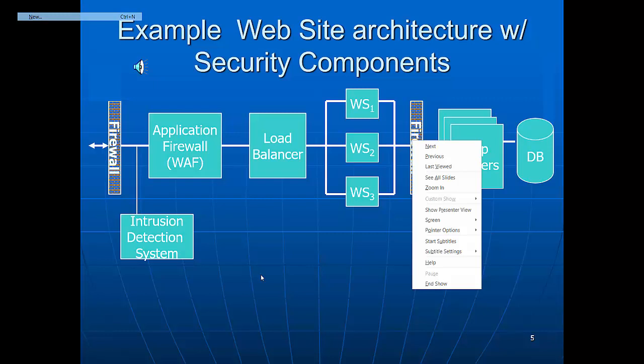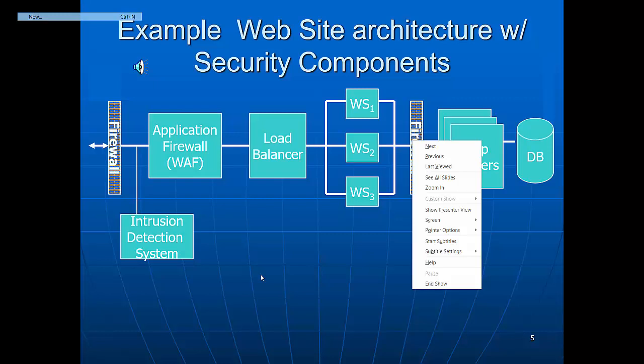Intrusion detection is meant to basically detect when people are trying to come illegally into your site, into your network, and there are many different kinds of intrusion detection systems. We'll talk about even the use of something called honeypots to help detect.